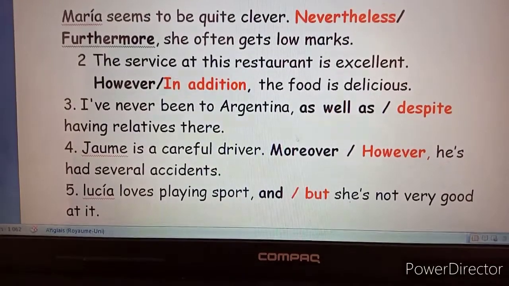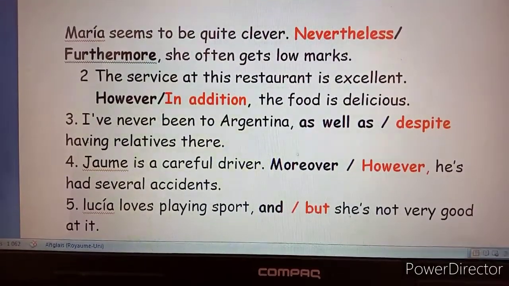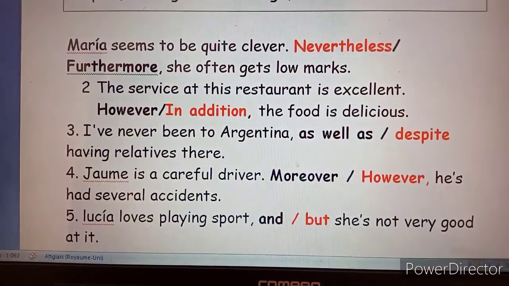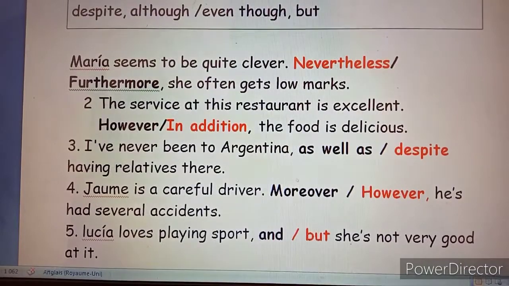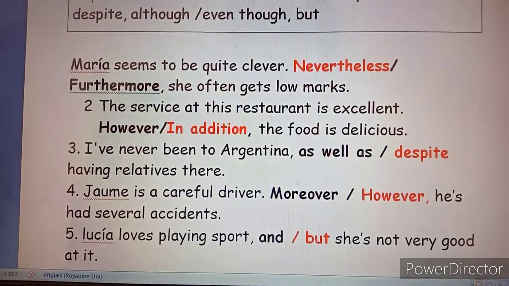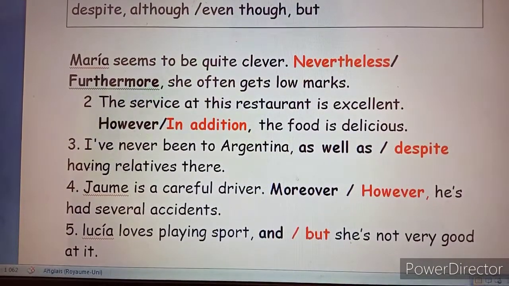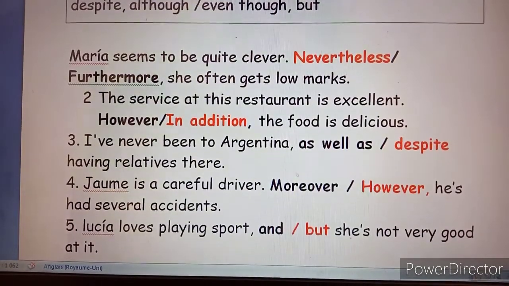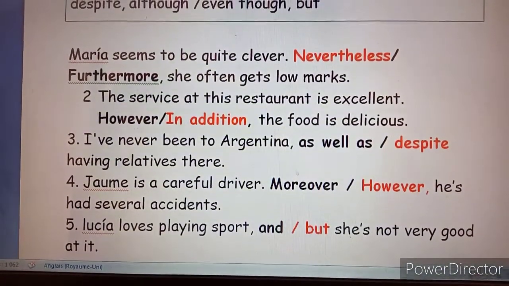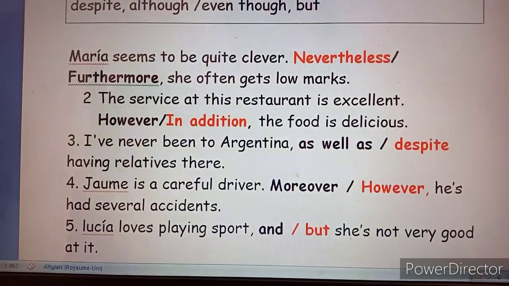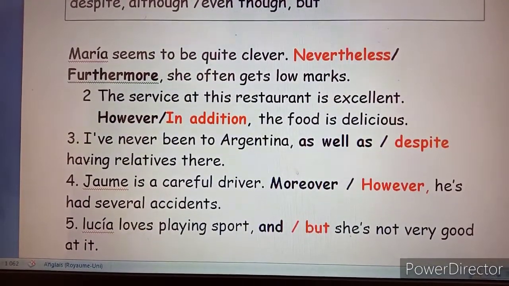So listen here. We'll study these sentences in order to understand the lesson well. Maria seems to be quite clever. Nevertheless or furthermore, she often gets low marks. In your opinion, so here, do we have contrasting ideas or similar ideas? So in this sentence, we have contrasting ideas.